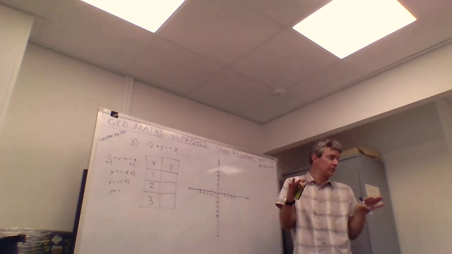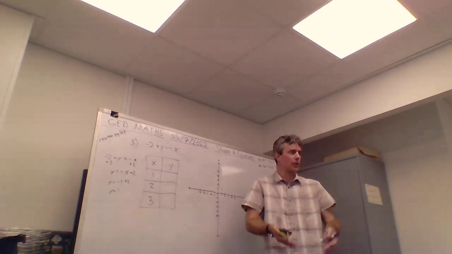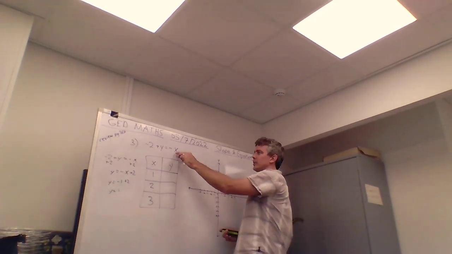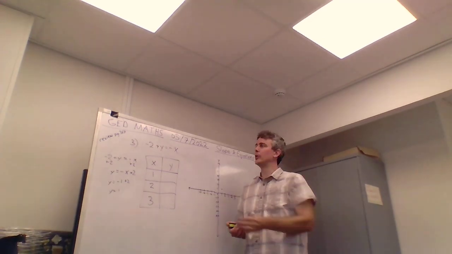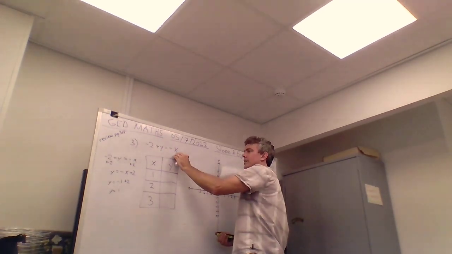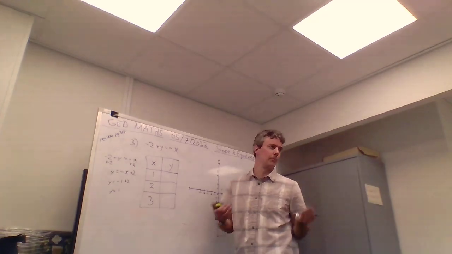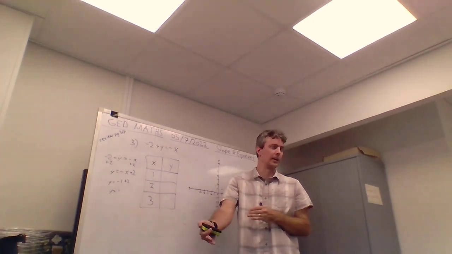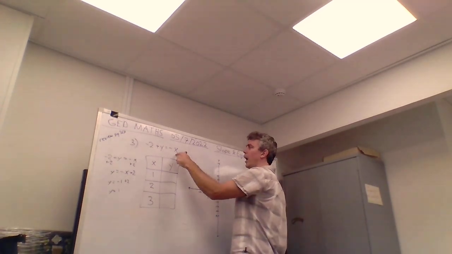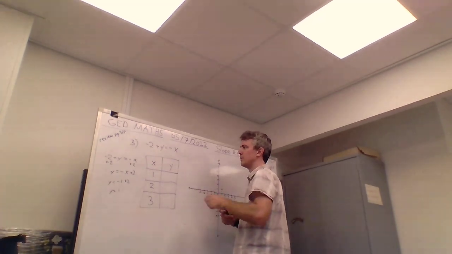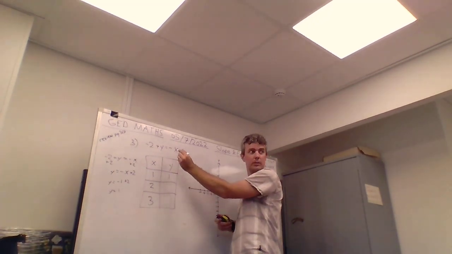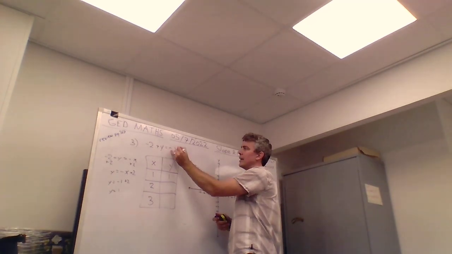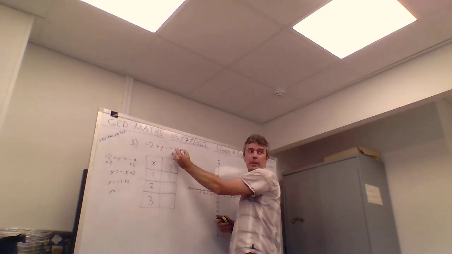If you have the equation, you can choose any value for x, and you substitute that into the equation, and it'll tell you what y is. Because this is equal, so whatever x is, y has to be a certain number that will get you to that x, right? So if x here equals 1, y has to be 1 for this to be true, right? This is minus x. If x is 1, it's minus 1.